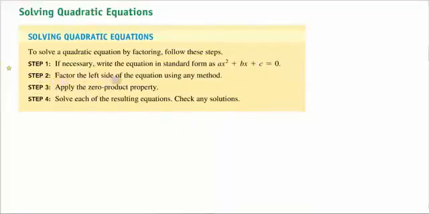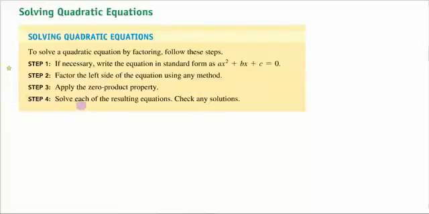Step 2, we want to factor the left side of the equation using any method. So we would factor this polynomial using any of the factoring techniques that we learned in chapter 6. Step 3 is apply the zero product property. That means if A times B equals 0, then A equals 0 or B equals 0.